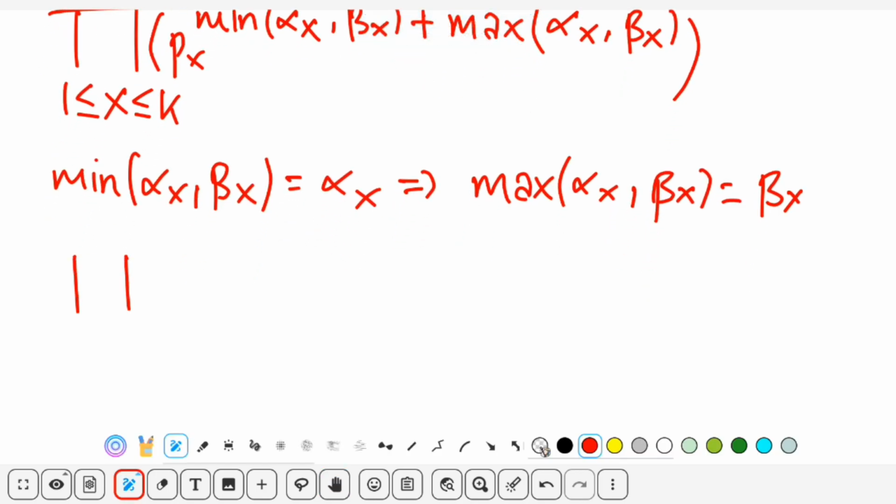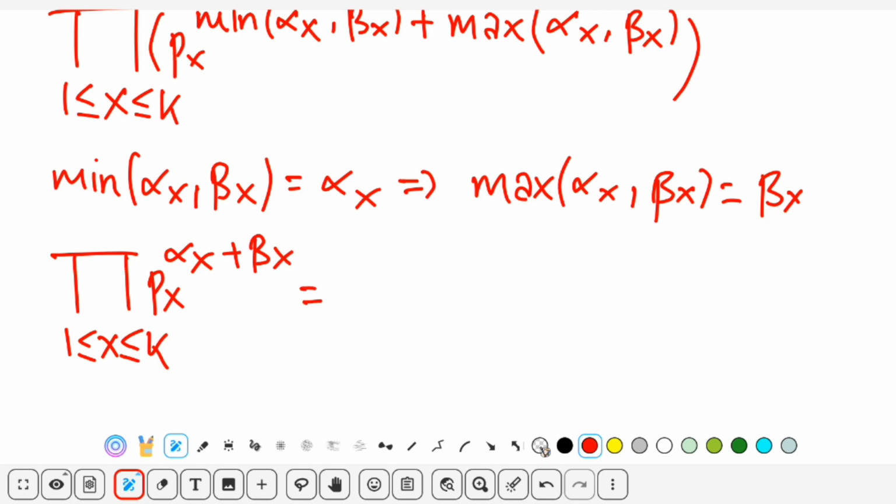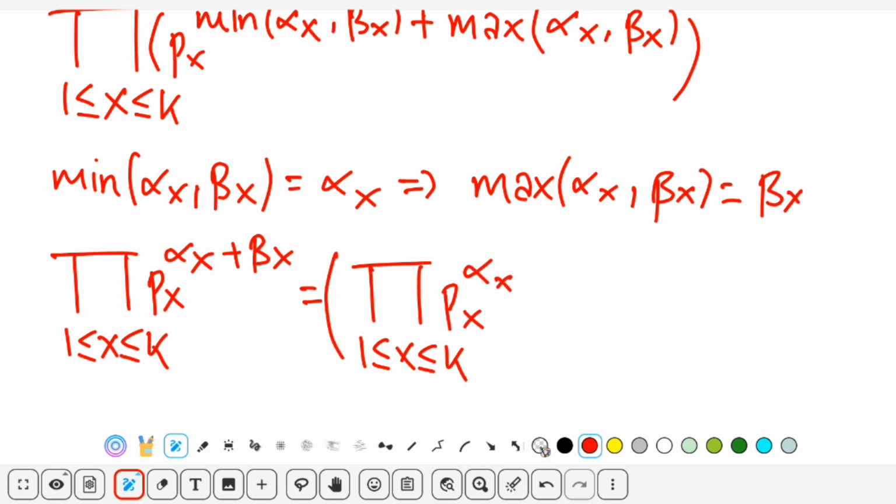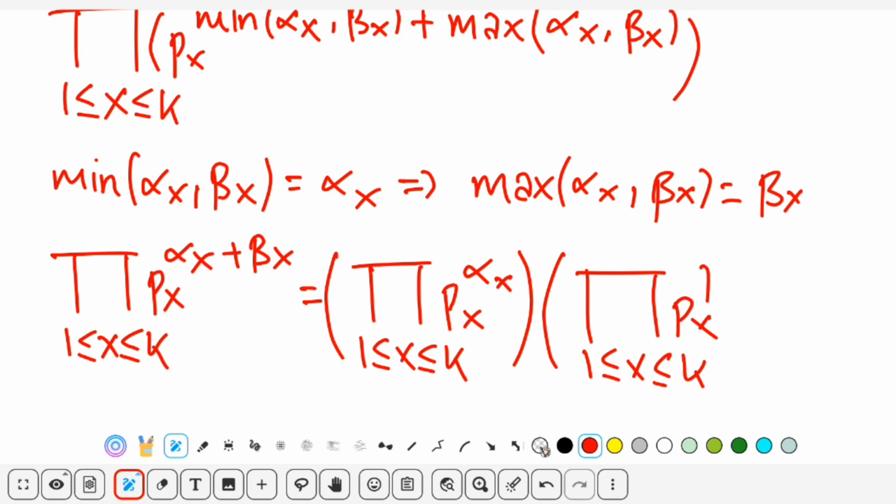So the product for 1 less than or equal to x less than or equal to k of px raised to the power of the minimum, alpha x, plus the maximum, beta x, you can write as the product for 1 less than or equal to x less than or equal to k of px raised to the power alpha x, times the product for 1 less than or equal to x less than or equal to k of px raised to the power beta x.